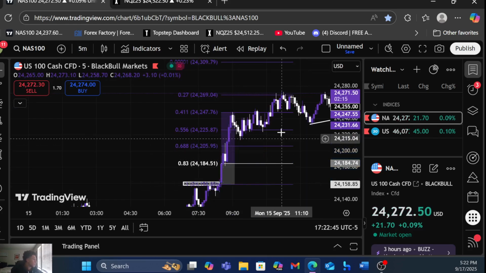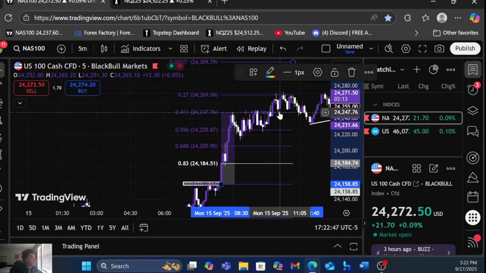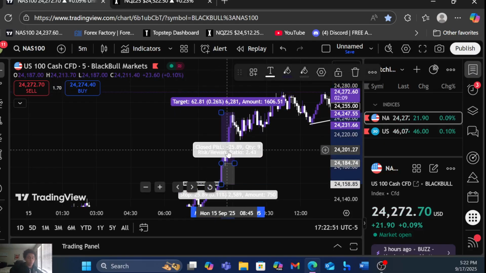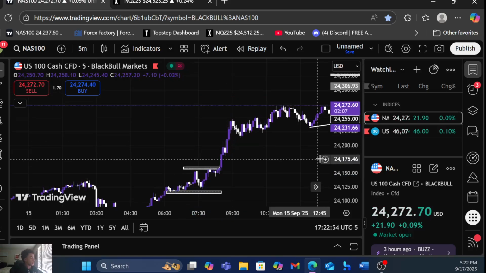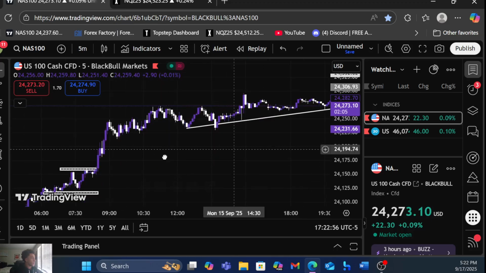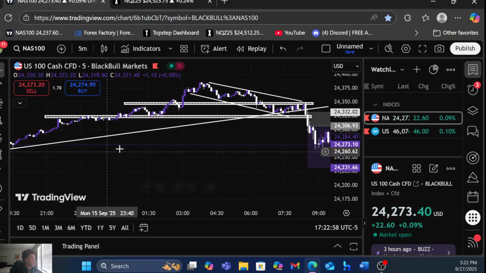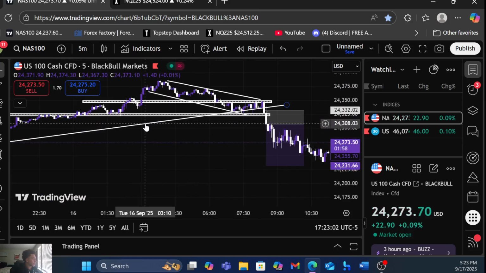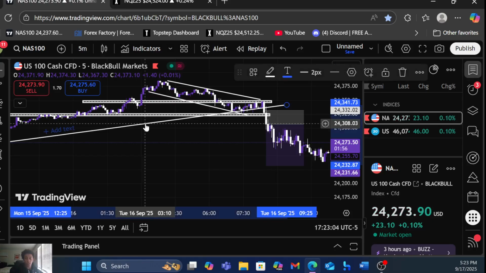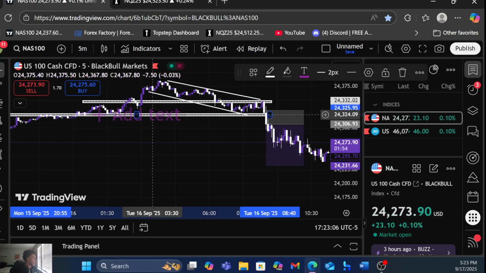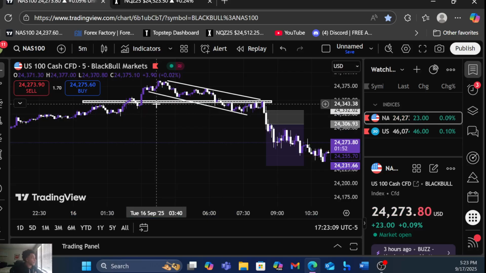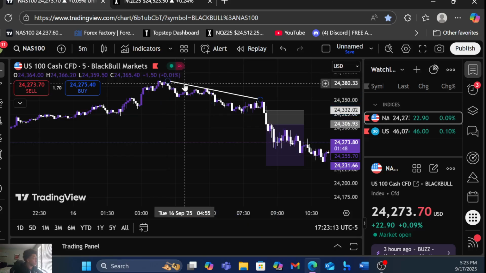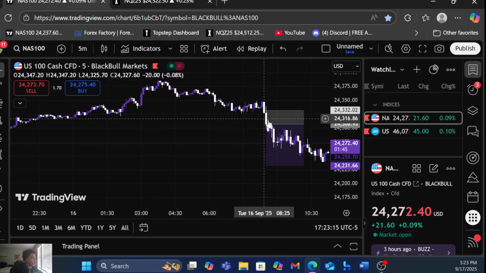15, 20 minutes. Now, will it be like this all the time? No. But I think market experience will beat technical analysis any day, just because there's a lot of instances where we might have a little bit bigger stop loss or a little bit tighter depending on the day.